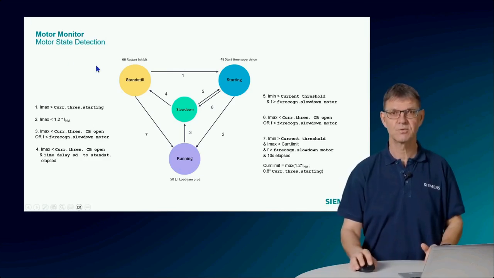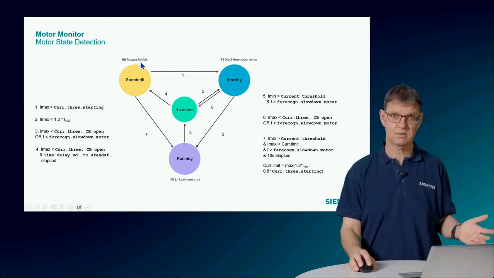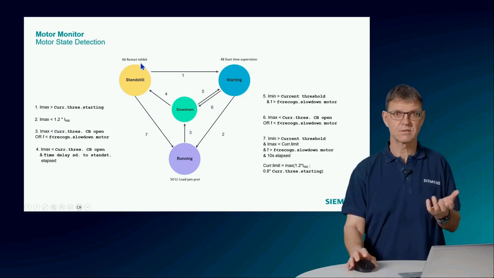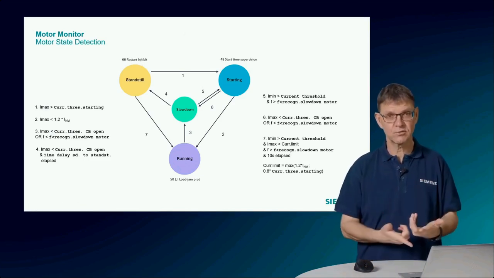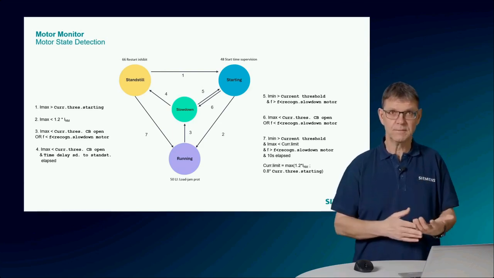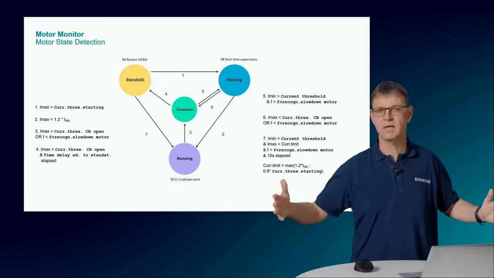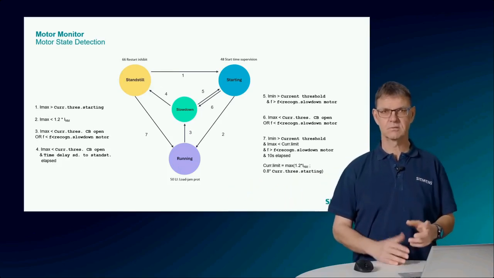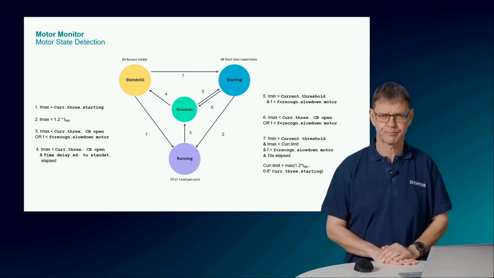The first is the restart inhibit function, which is active only when the motor is at standstill. The reason is this is a function that prevents the starting of the motor too early. So if we have too many starts in a row with too little time, then this function forces us to wait until we restart the motor.